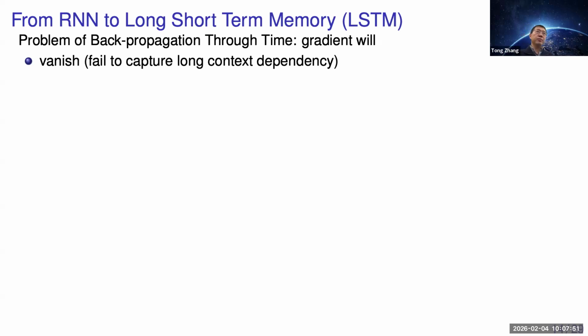So you need to do something to make it remember. This is vanishing, and there could also be blow-ups. Blow-up is oscillation. If you are not careful with a dynamic system, it can happen as well, but we are focusing more on vanishing.